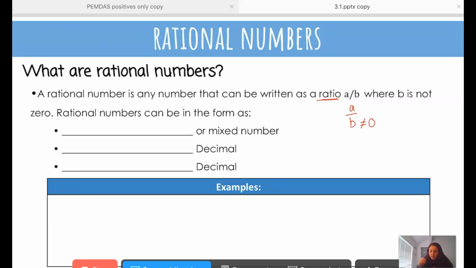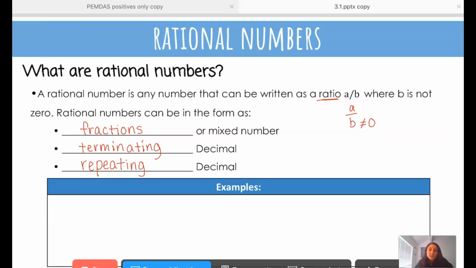Rational numbers can be in the form of fractions or mixed numbers, terminating decimals, meaning the decimal has an end, or repeating decimals, which means part of the digits repeat.